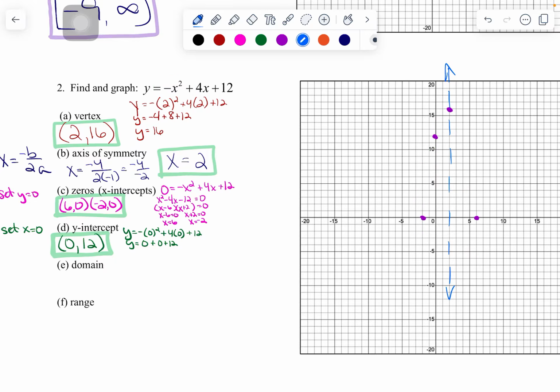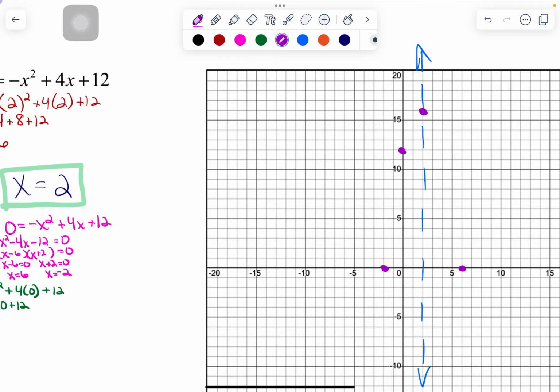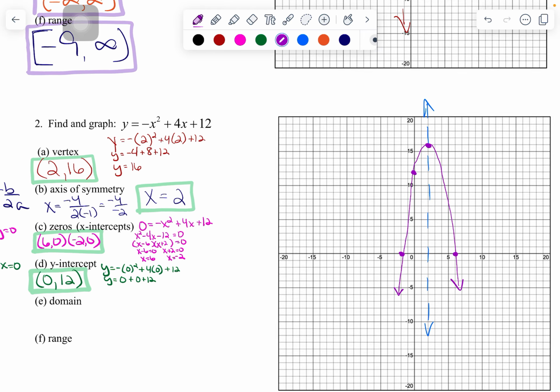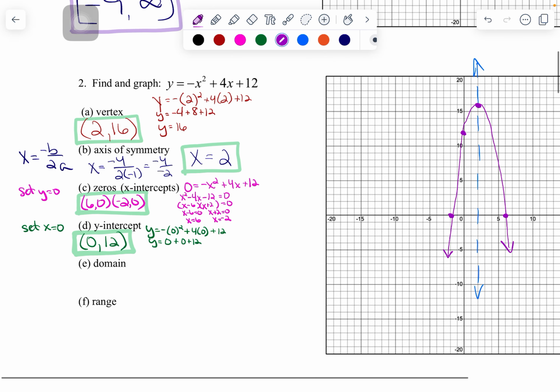So let me see if I can play connect the dots here and make a halfway decent graph. The halfway decent part is I'm okay with that. So let's see what we got here. Curve, curve, curve, curve, curve, hit the vertex, and then start the curve on down. There's a little wobble, a little shake there. I'm going to call it okay. I'm not going to lose my mind over that.